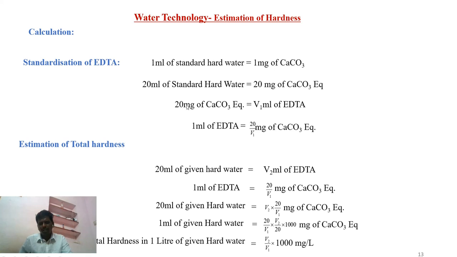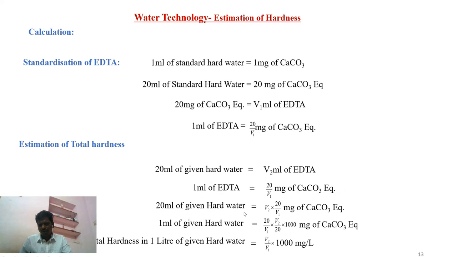So now we have calculated the calcium carbonate equivalent for 1 ml of EDTA. Then coming to the estimation of total hardness: 20 ml of given hard water is equal to V2 ml of EDTA. This is for the second titration. From that we calculate for 1 ml of EDTA. We know that 1 ml of EDTA is 20 by V1 mg of calcium carbonate.